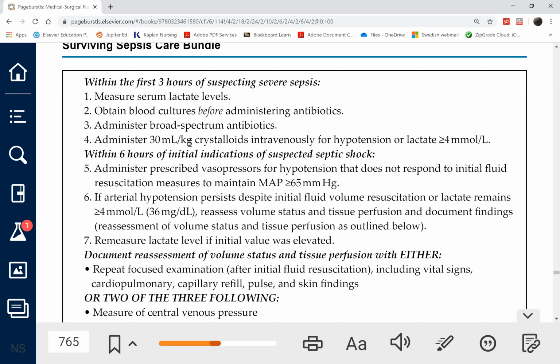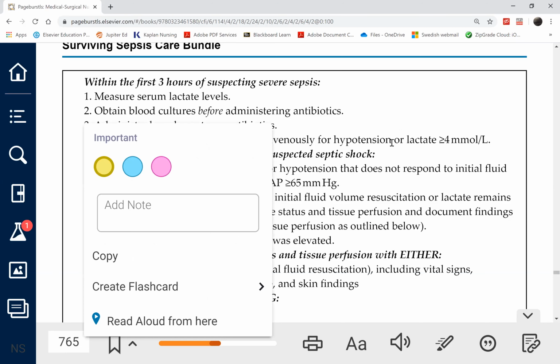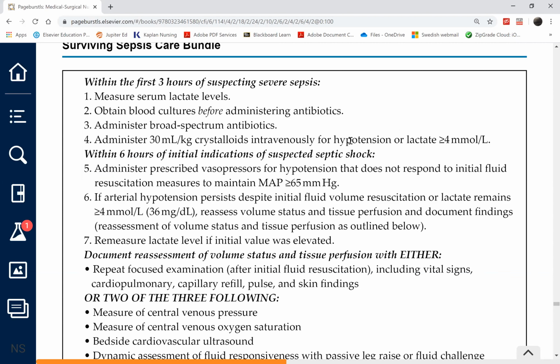And then if you suspect that they're going into septic shock, you add these interventions here. Now you add vasopressors. We have IV fluids running here. This is a lot. Look at this, 30 ml per kilogram. How much is that if I weigh 70 kilograms?